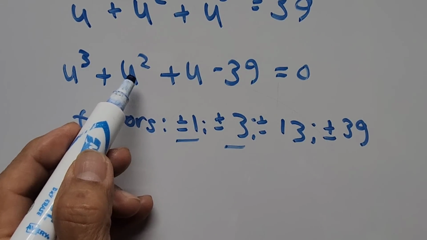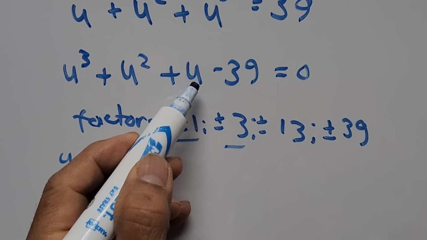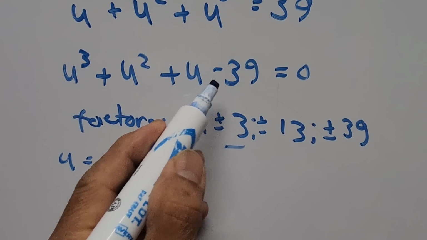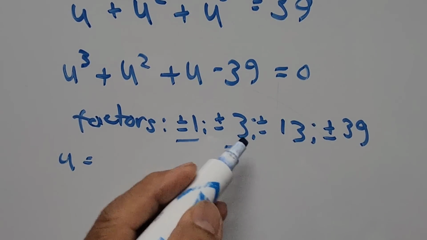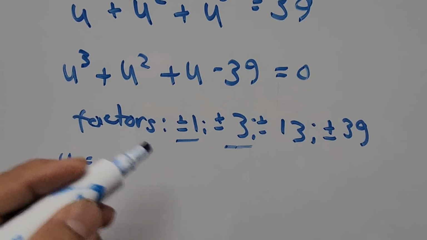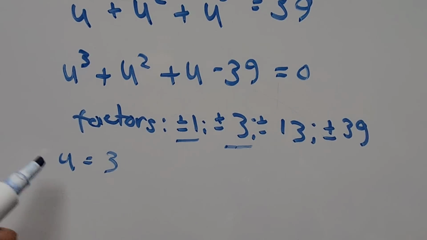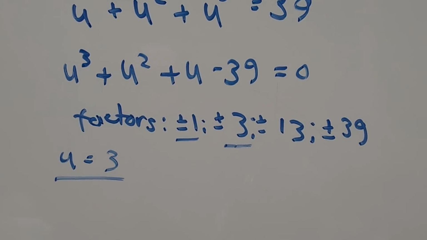So 36 plus 3 is 39. And we subtract 39, so that makes 0, right? So we have positive 3 as the value of u. What about the other factors of this cubic equation? How do we find that?